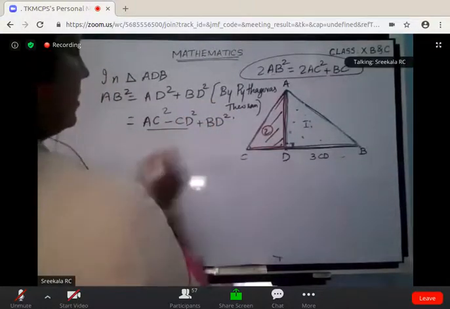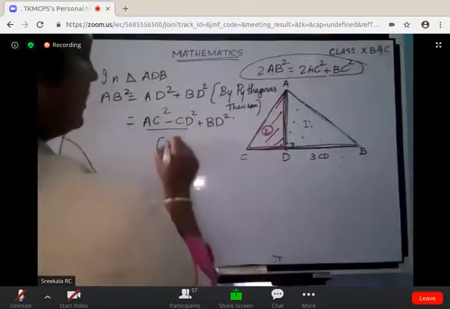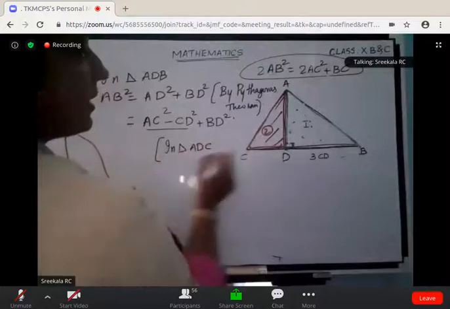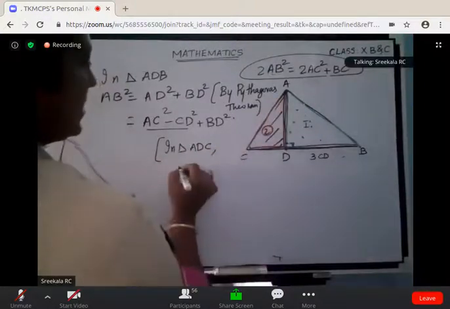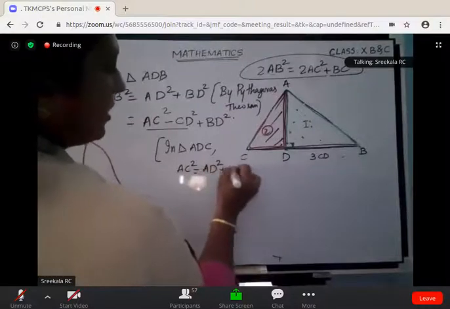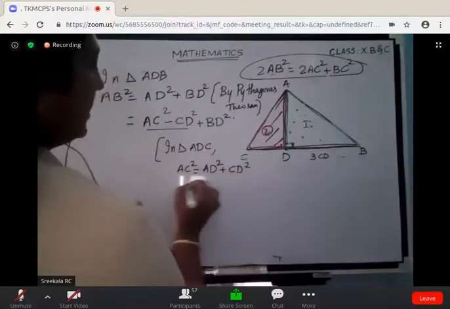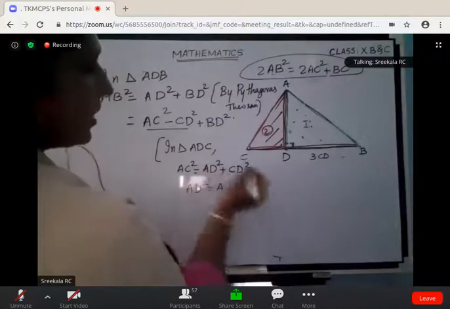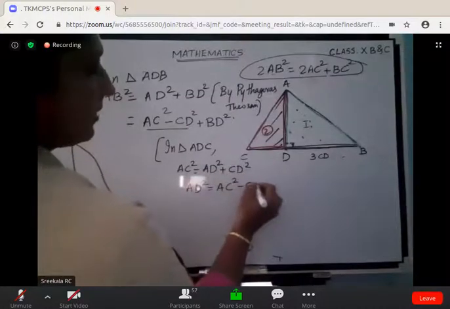This is AD square. The bracket you have to write in right triangle ADC. In right triangle ADC, AC square is equal to AD square plus CD square. From that we can write AD square is equal to AC square minus CD square.